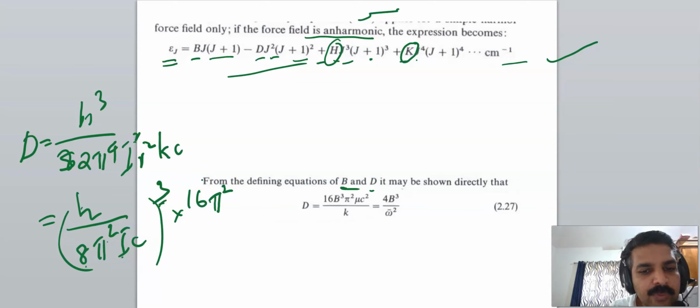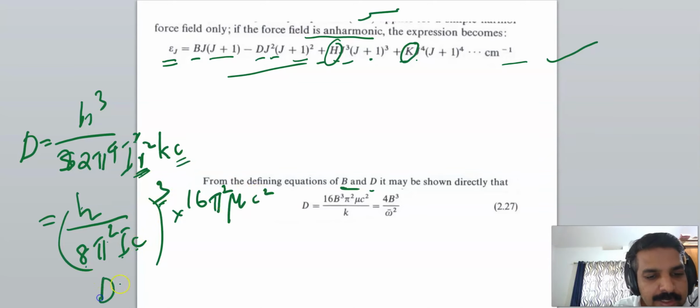One r square is already here. We know that I is equal to mu r square, so we have to multiply by mu. Then c, only one c is here, and we need c cubed, so multiply by c square.